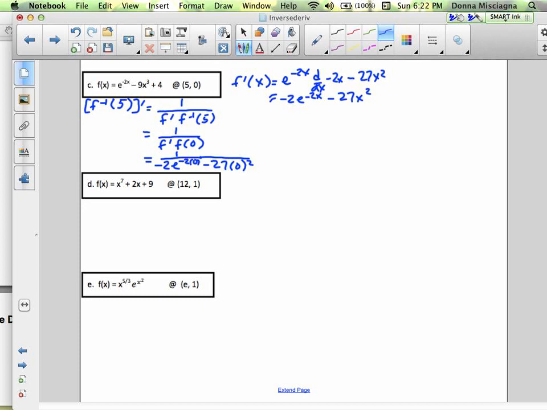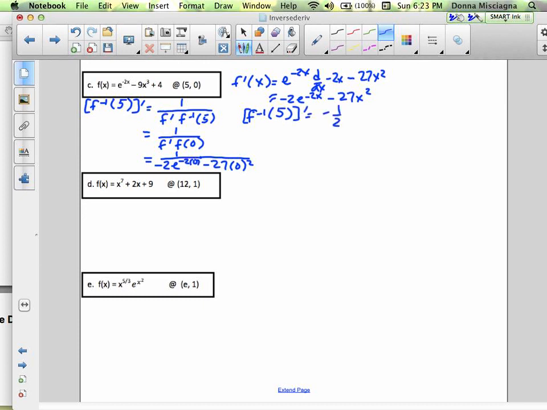So we're going to have e to the negative 2 times 0. That's just e to the 0 power, and that e to the 0 power is 1. So we're just going to have in the denominator a negative 2. So this is going to be equal to, and I'll write the whole equation, the derivative of the inverse when x is 5 is equal to negative 1/2.